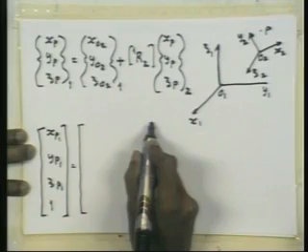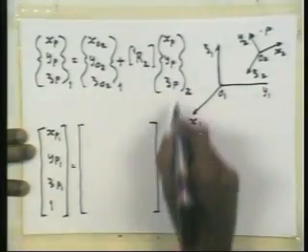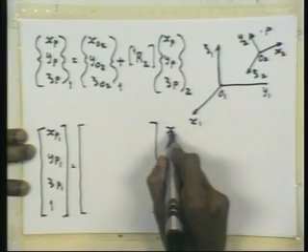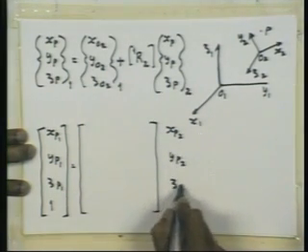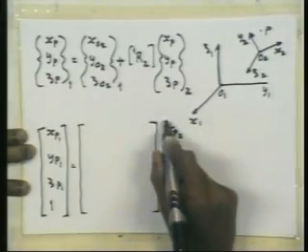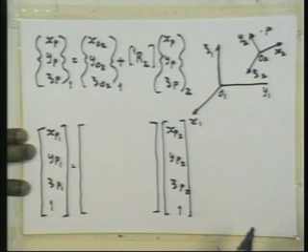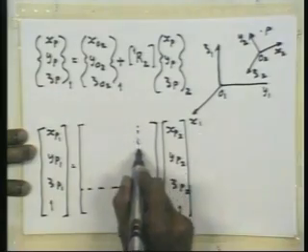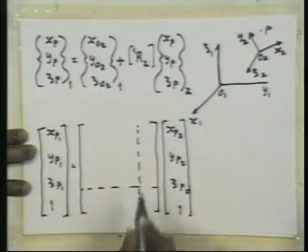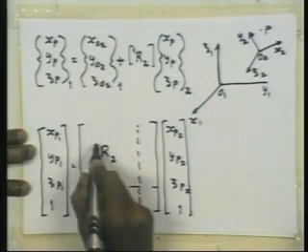Then there is this transformation, which multiplies the local coordinates. Now here the elements of this matrix are the rotation matrix and this offset. So here you have the 3 by 3 rotation matrix.